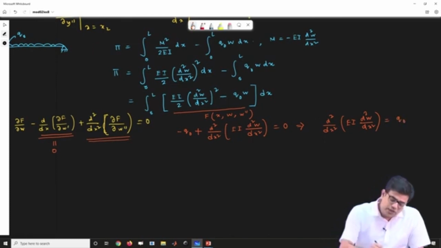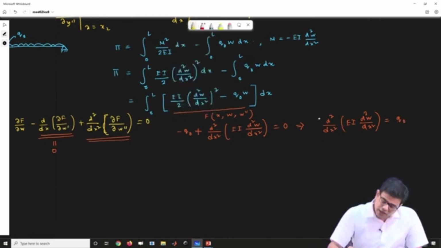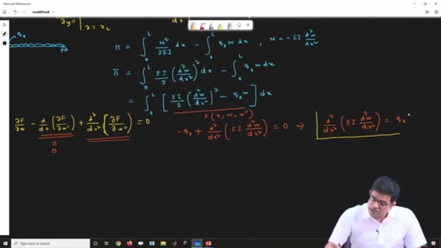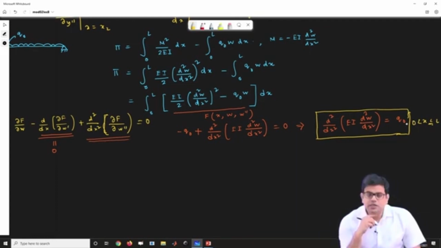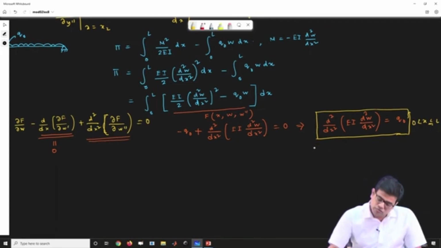This is nothing but the beam equation that you have studied in first year mechanics or later. It is valid from x equals 0 to L. Now, if I take EI constant, the equation becomes EI d⁴w/dx⁴ equals q0, again the familiar beam equation.